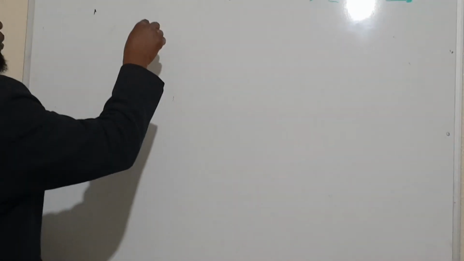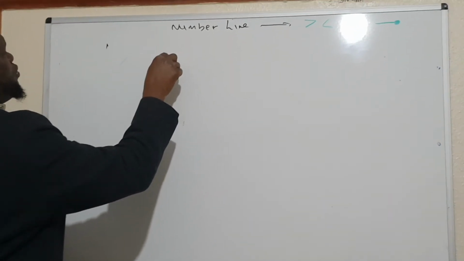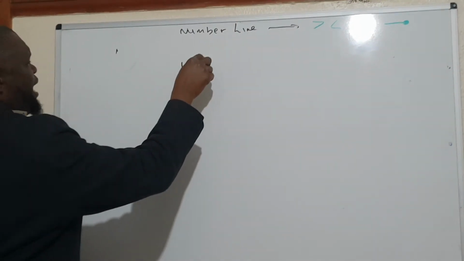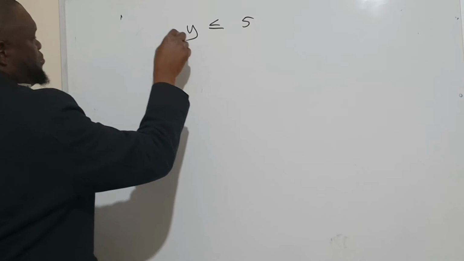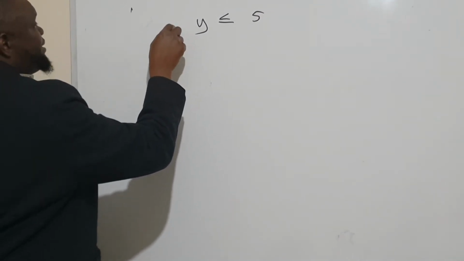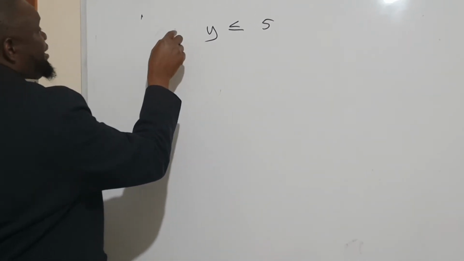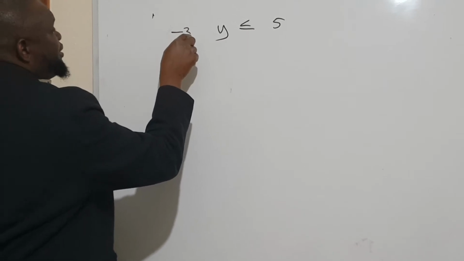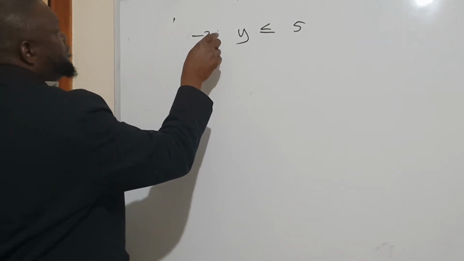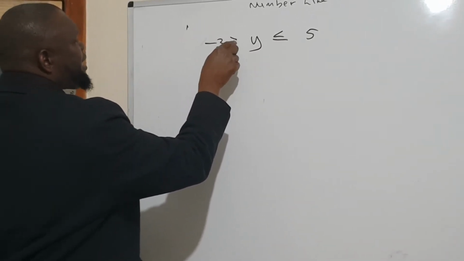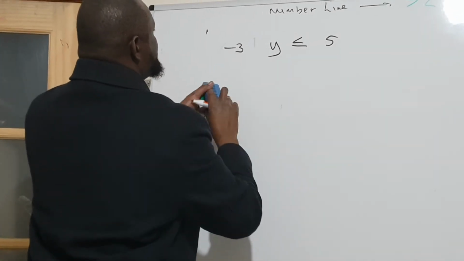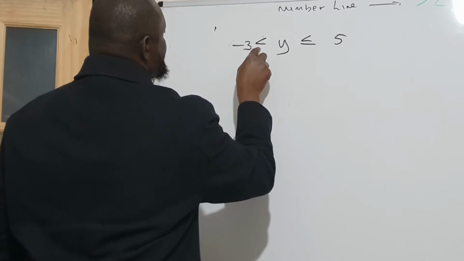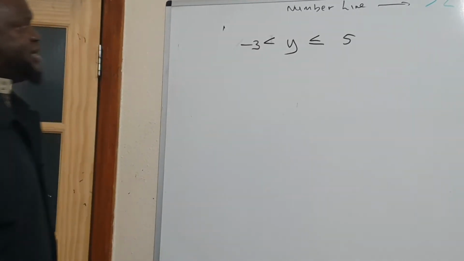But if they give you y such that y is less than or equal to 5, but y is greater than minus 3. How would you repeat that? Y is greater than, sorry, less than. Y is less than 3. How would you show that in the number line?